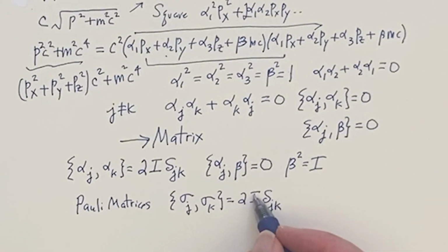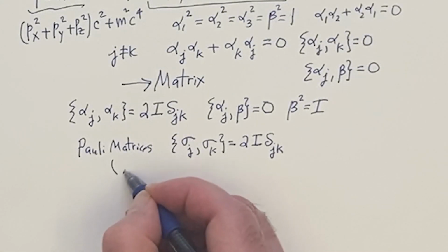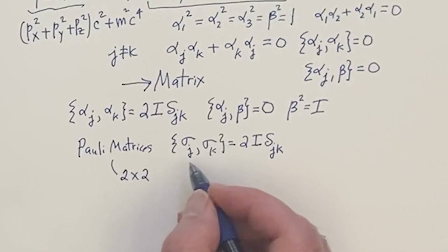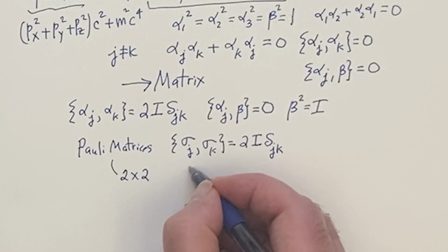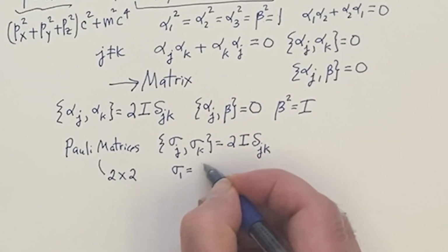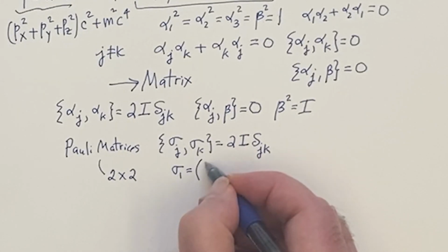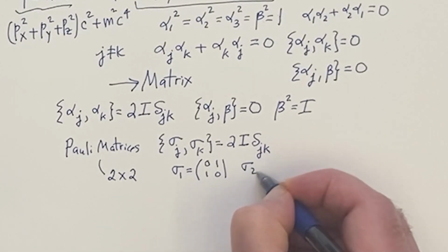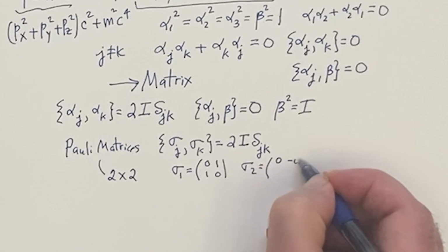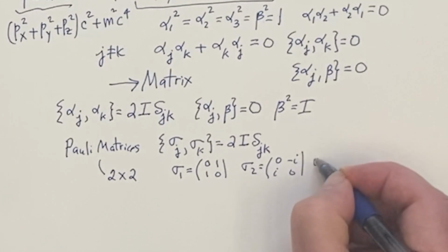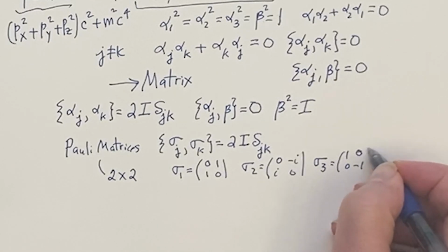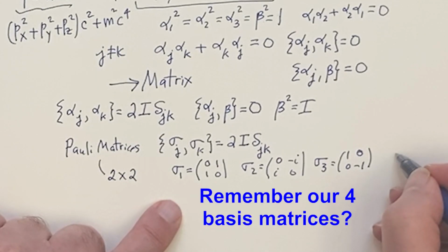They anti-commute. Now these are 2 by 2s. We have these, remember we have those. Say 1 is the x one, and then we had the y one, then we had the z one, and then we have the identity matrix.